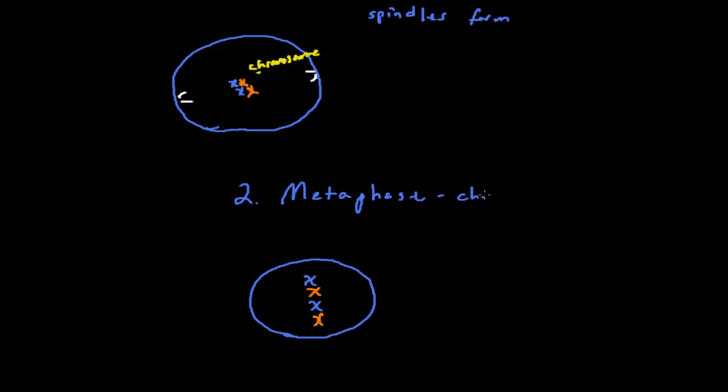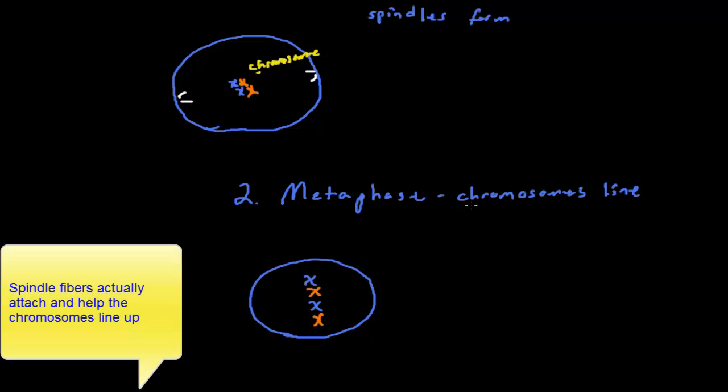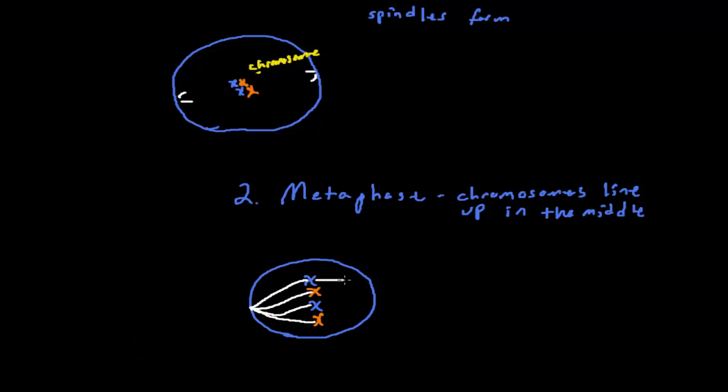So during metaphase, we can say the chromosomes line up in the middle. Those little spindle fibers have been growing, and what they start doing is attaching themselves to the chromosomes.